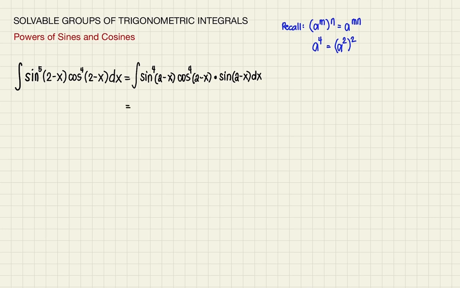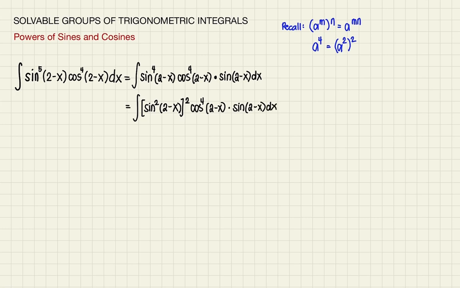So we can rewrite that as the integral of sine squared of 2 minus x quantity raised to the power of 2. That's 2 times 2, that would give us 4. And simply copy the other parts of the integrand, that's cosine to the power of 4 of 2 minus x, sine of 2 minus x dx.